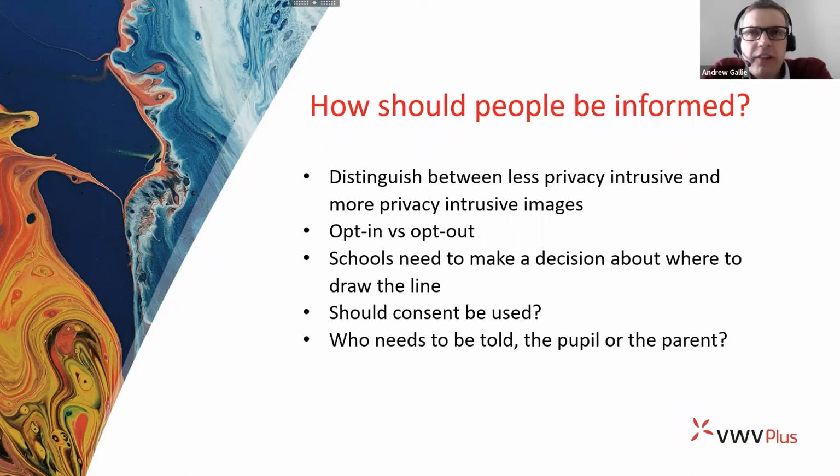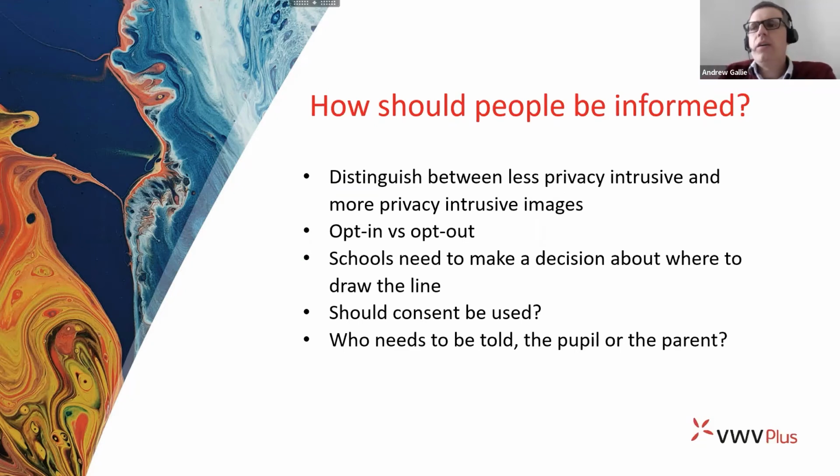For that sort of thing, there's no obligation to get everyone to sign an images form, as long as you've been transparent, so that people are told in the privacy notice, in your newsletters, and also told when the photograph has been taken as well. However, if you wanted to feature a pupil on the front cover, or maybe do a case study on them, then that would fall into the more privacy intrusive category, and I would suggest that you get someone to sign the opt-in form before doing that.